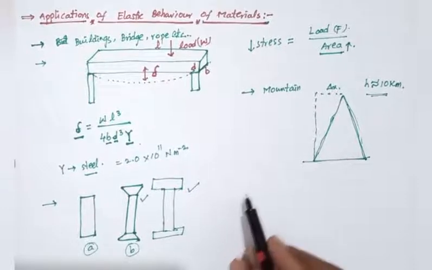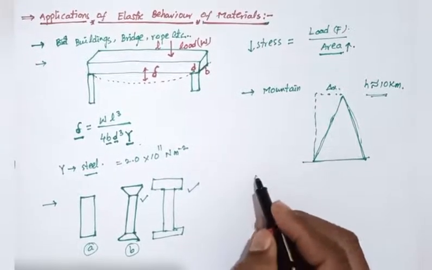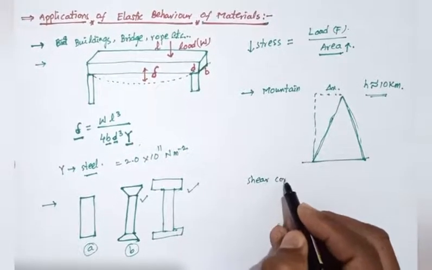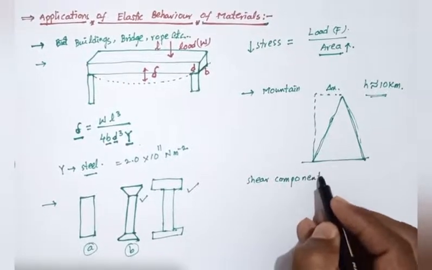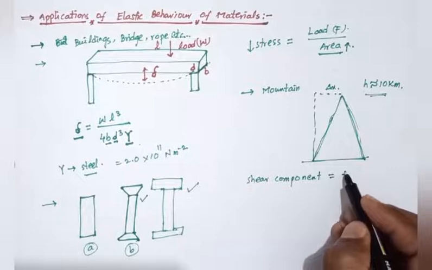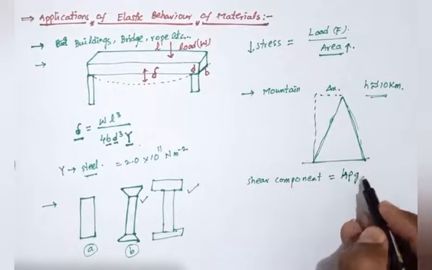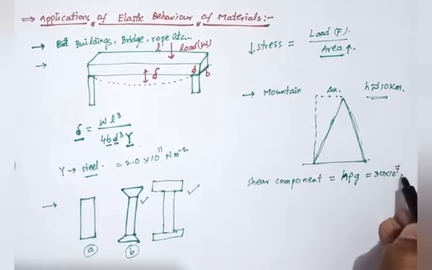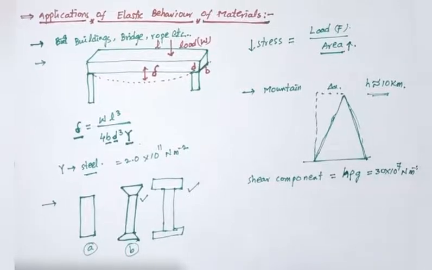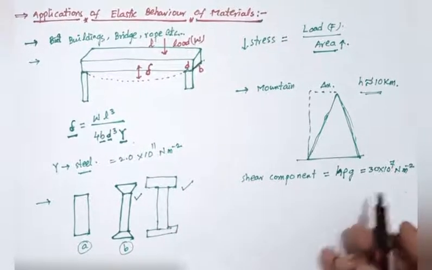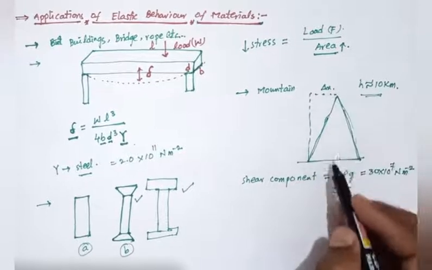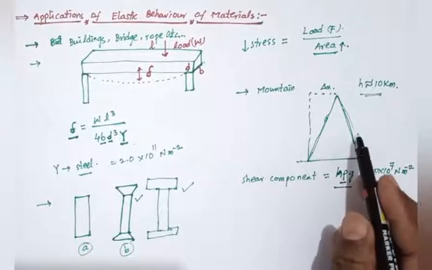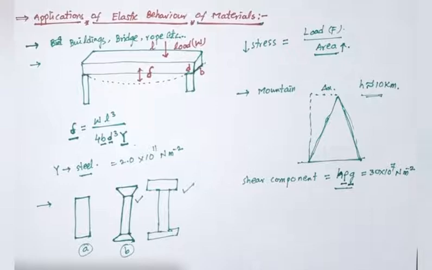The elastic limit for a typical rock is the shear component, equal to h rho g, which is at maximum 30 times 10 to the power of 7 Newton per meter square. Here h is the height of the mountain from the ground, rho is the density of rock, and g is the acceleration due to gravity.